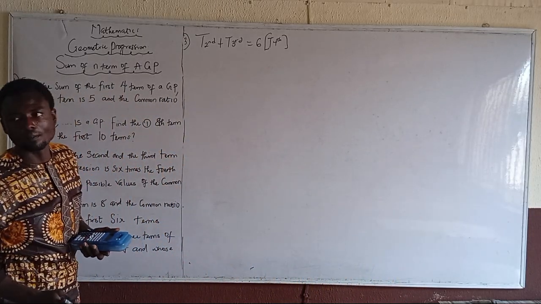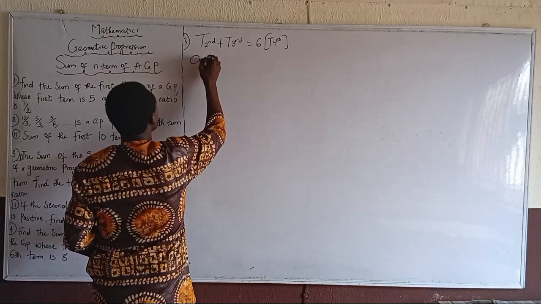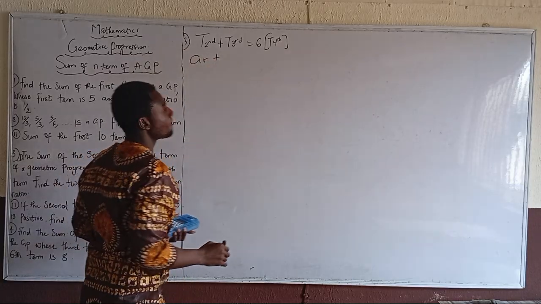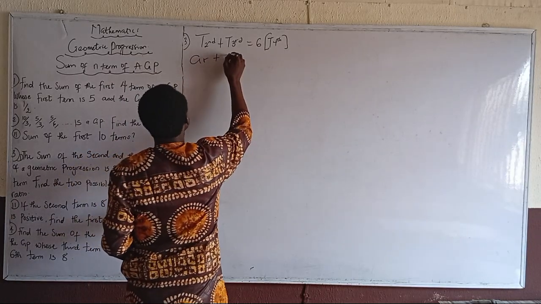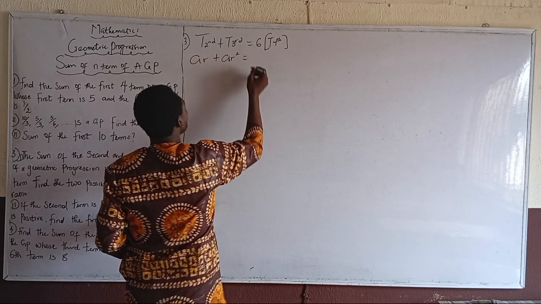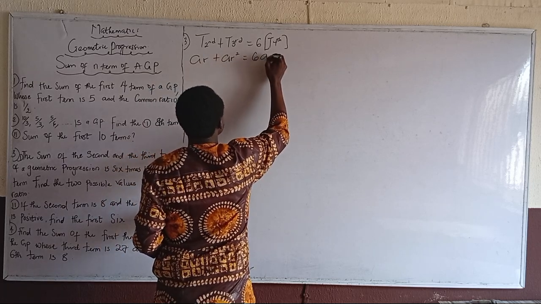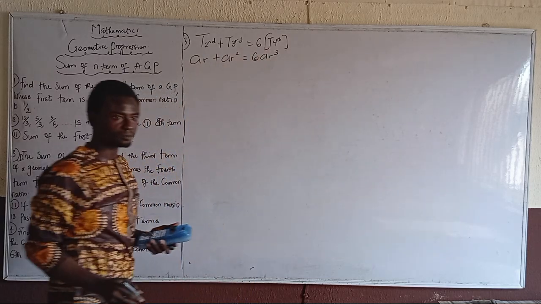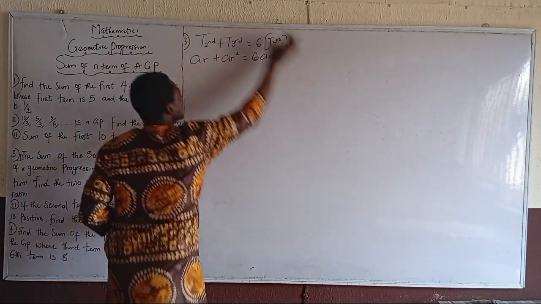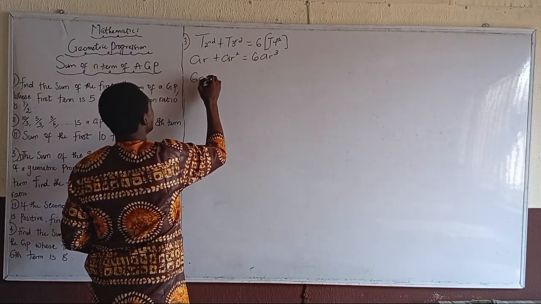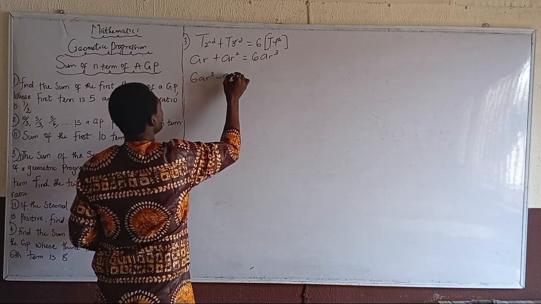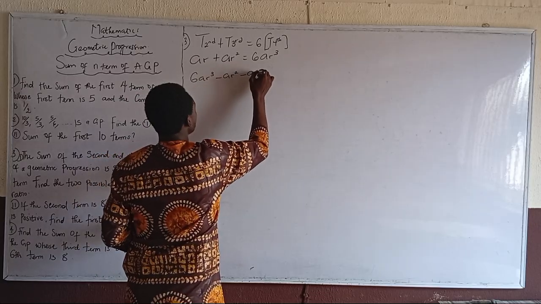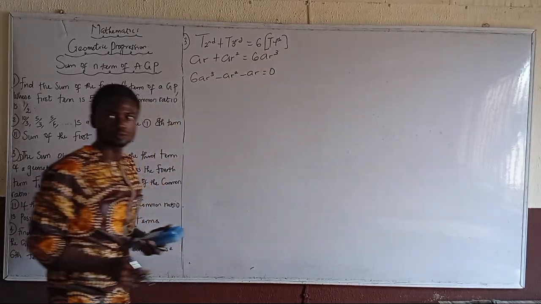Now, my t second is AR. My t third is AR squared, equal to 6 times AR cubed. So I'm bringing all this here. Here becomes 6AR raised to power 3 minus AR squared minus AR equals to 0.